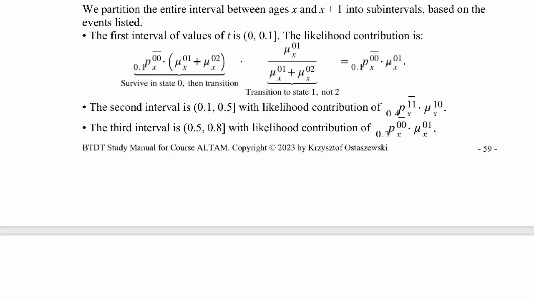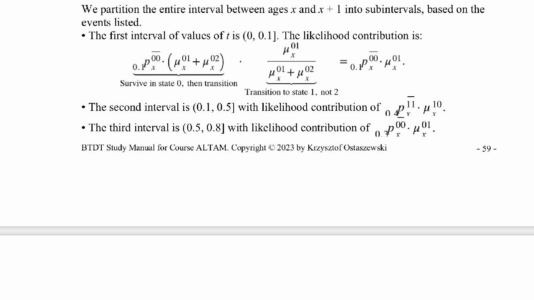We partition the entire interval between ages x and x plus 1 into subintervals based on the events listed. The first interval of values of t is 0 to 0.1. The likelihood contribution is the probability density function of staying continuously in that state, which is 0.1 p x 00 bar. So you stay there, and then you get taken out, but you get taken out by transition to state 1. What is the probability of that?